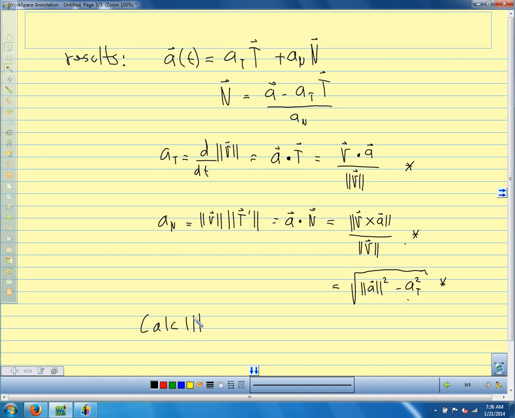That's posted on Calc 3, 12.4 examples. So I want to start through one example. We might not get all the way through, but I think we should be able to get through the one. And then there's a second example on that video where we go through the process of finding all of these quantities.